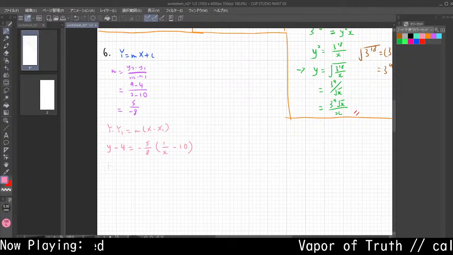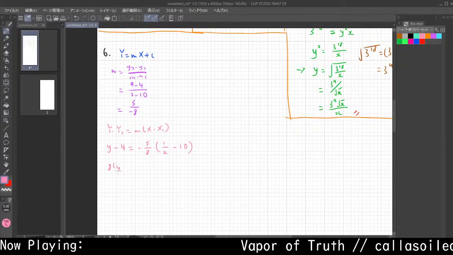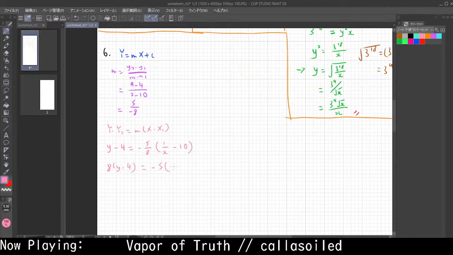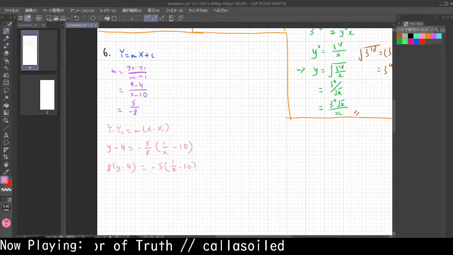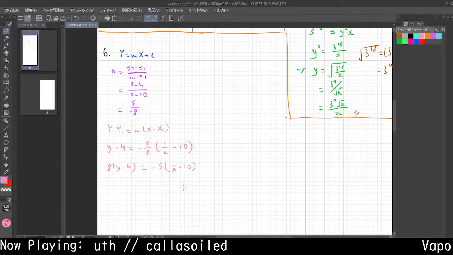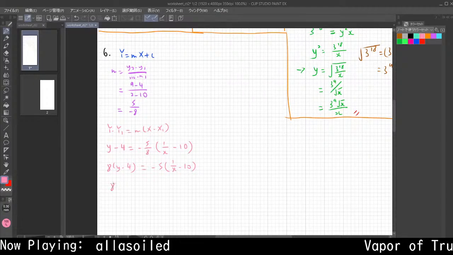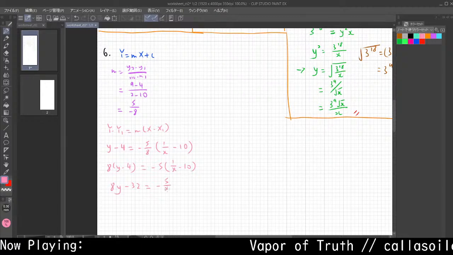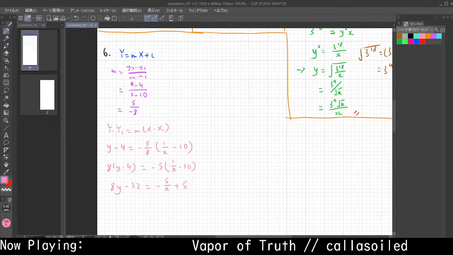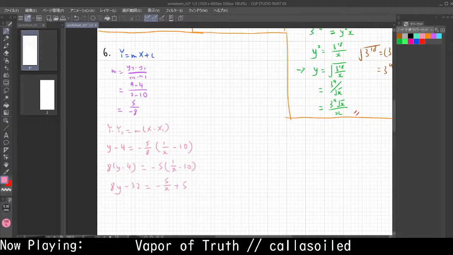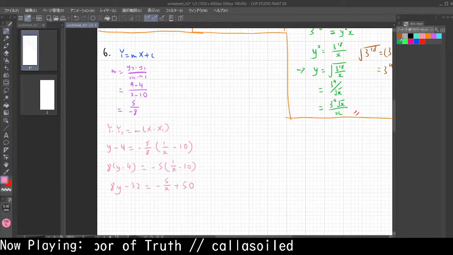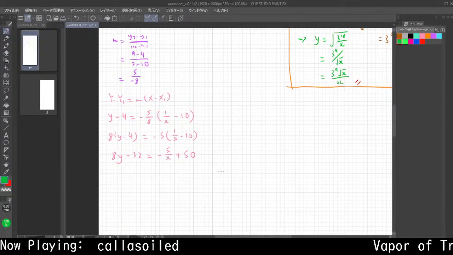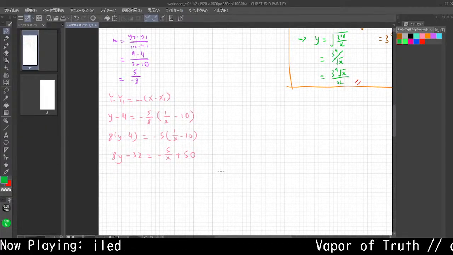Then you just bring your 8 over to multiply, so you get 8 times y minus 4 equals negative 5 multiplied by 1 over x minus 10. Okay, then you just expand both. 8y minus 32 equals minus 5 over x plus 50. Then you want to turn it into the form of the equation given, so that you can compare.